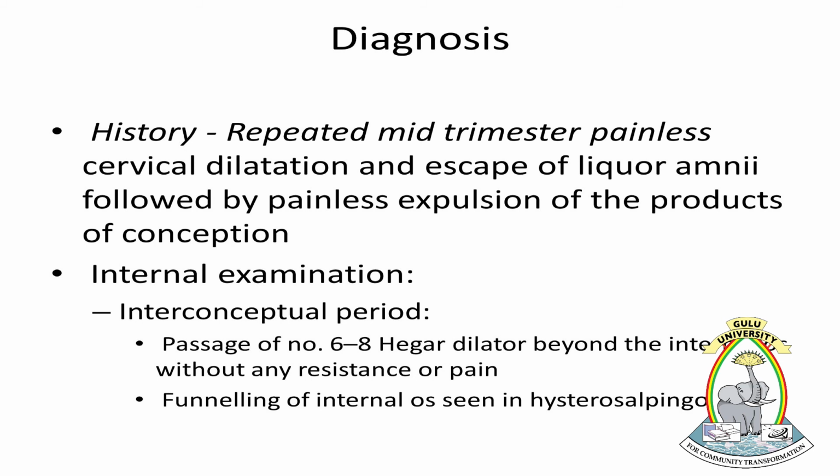If you do an examination with Hegar dilators before the woman is pregnant, it can allow up to size 8 Hegar dilator beyond the internal os, and that means that probably there is incompetence. And if you do hysterosalpingography, you see that there's funneling of the internal os.